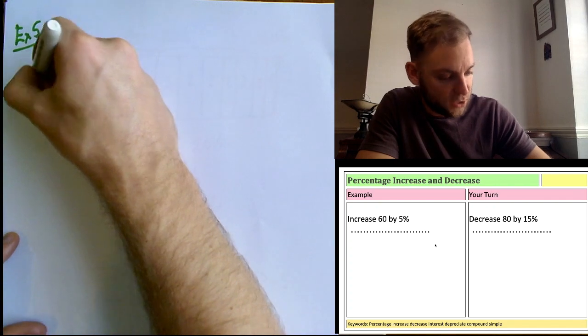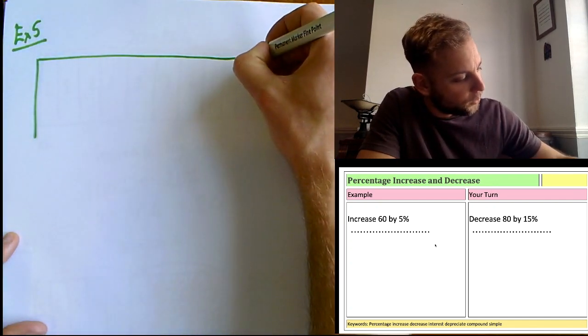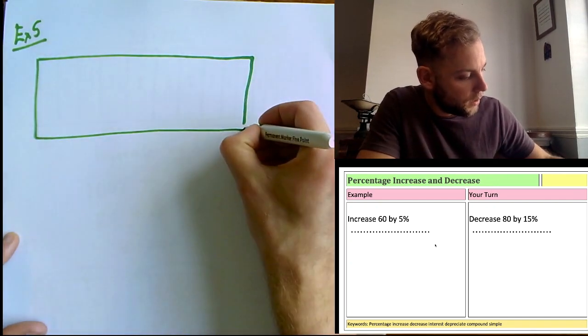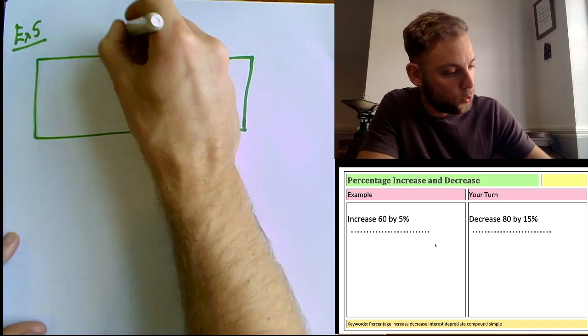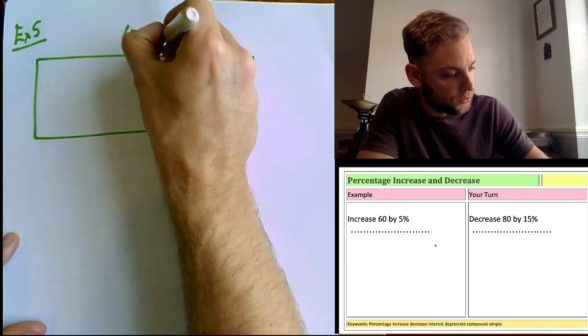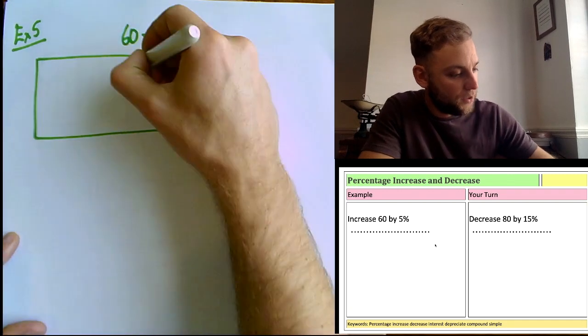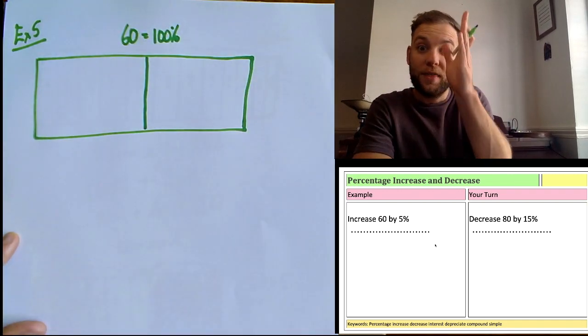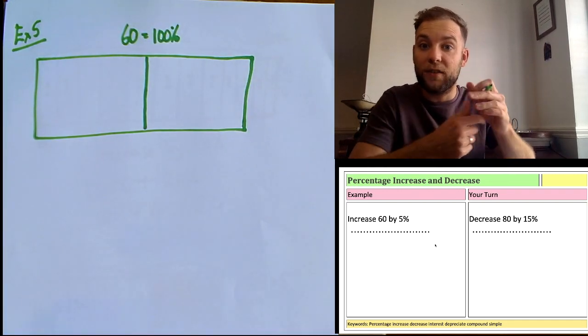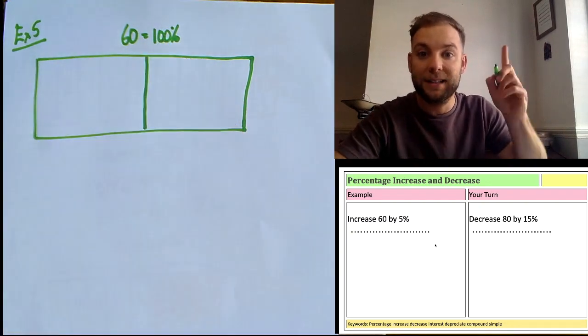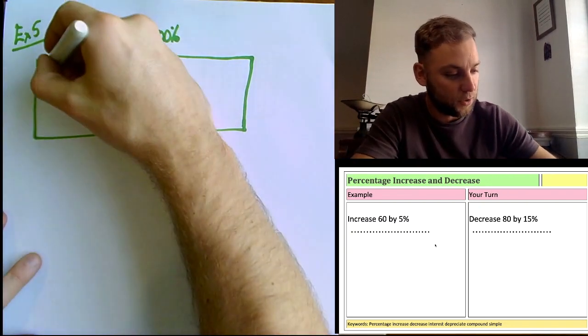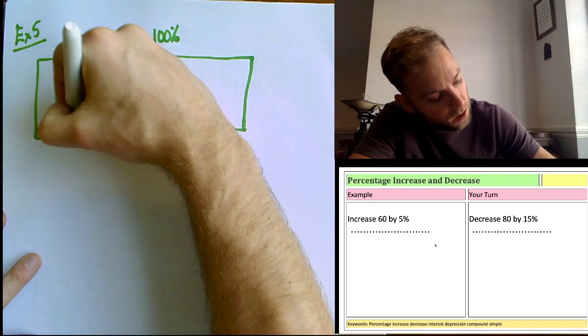Increase by 5%. So let's draw out my bar first of all. Remember, this bar is worth 100%, which in this case is equal to the 60. I'm going to split it up into the 10%. So 100% divided by 10 is equal to 10%. So I'm going to split it up into 10 parts of 10%.